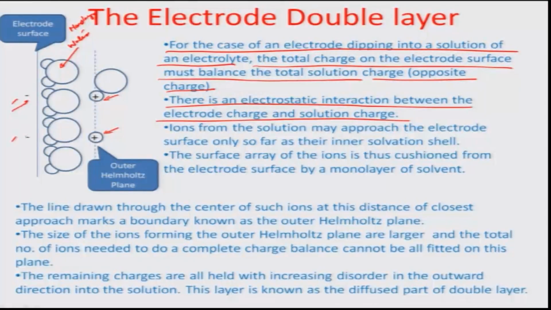Please be aware again that this charge is bound, so it cannot really go into the solution unless there is a species which leaves with an excess electron or an electron deficiency into the solution. So it is always a bound charge that we are talking about, which is interacting with free charge, like ions in the solution.